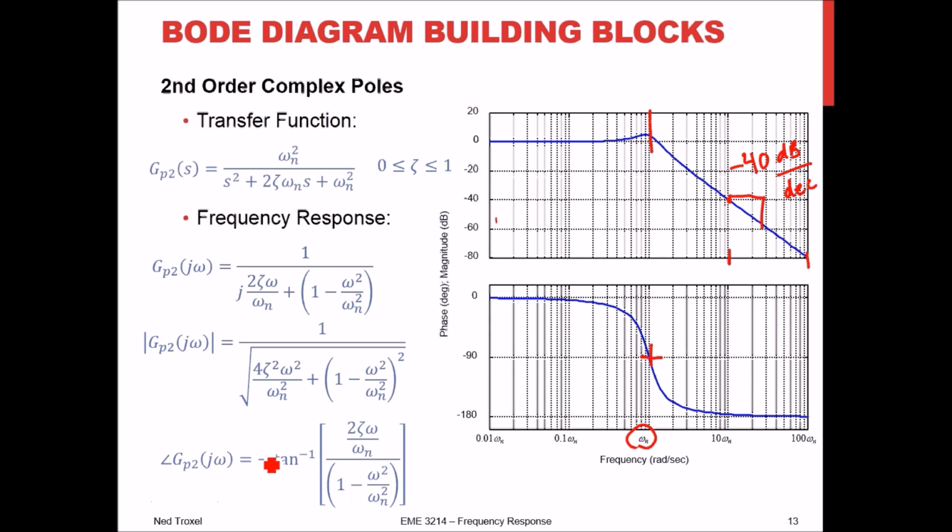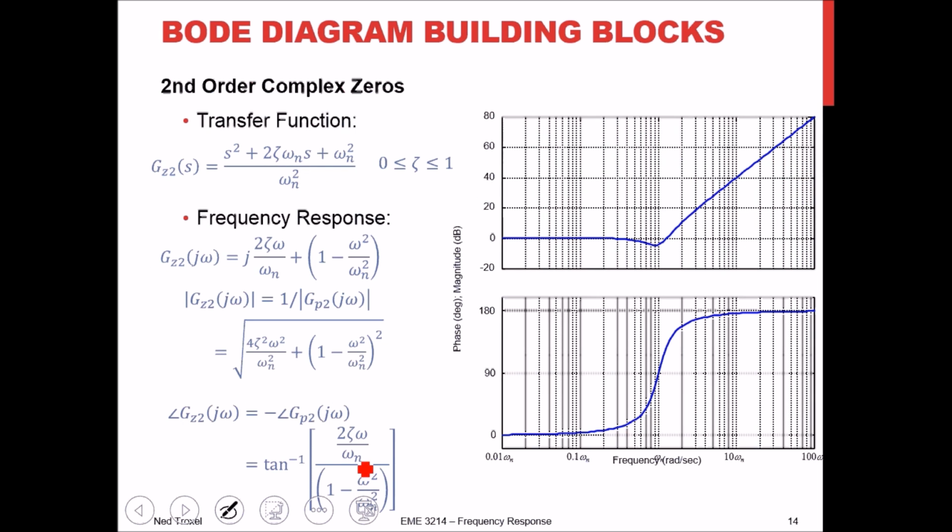We already had a minus because it was the phase at the bottom. Now for this case, at a frequency of omega n, we're going to have a plus 90 degree phase. It's going to be very important for any second order poles or zeros, knowing that at omega n is where the phase goes through minus 90, or plus 90 for zeros.